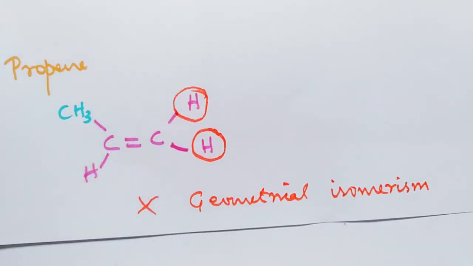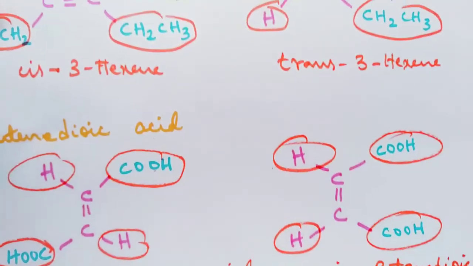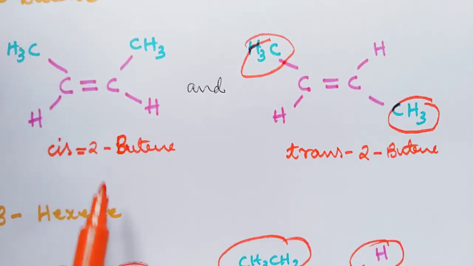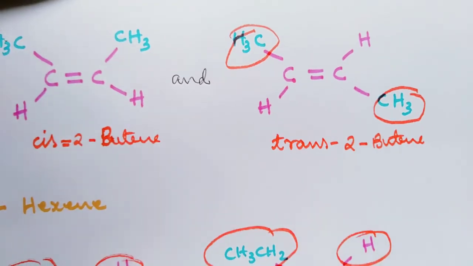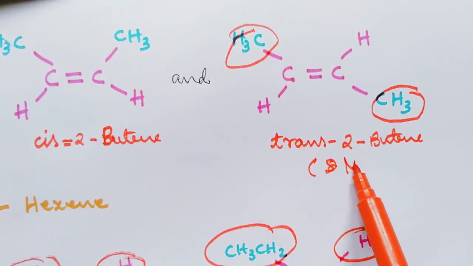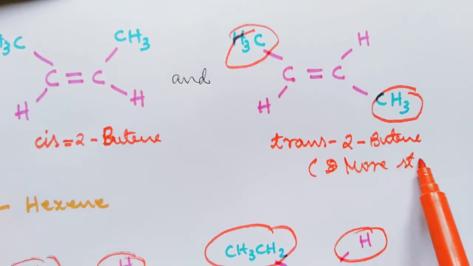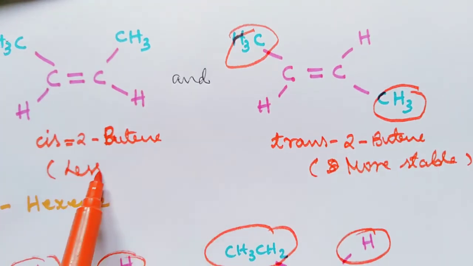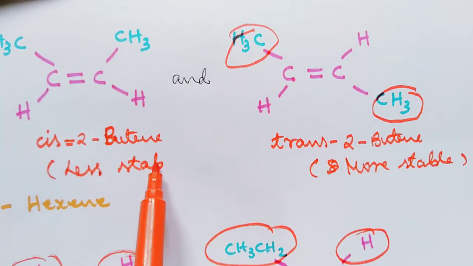Now we come to the stability. What do you think about the stability? Which one is more stable, the cis 2-butene or the trans 2-butene? Okay, so in that case, it is the trans 2-butene. Why is the trans 2-butene more stable than the cis 2-butene?